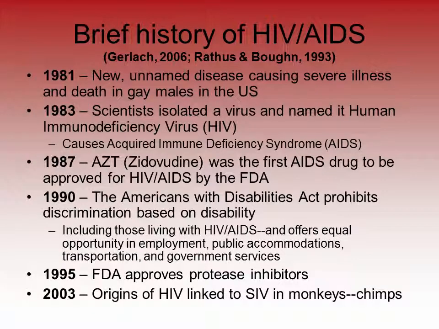So let's just backtrack a little bit. I don't know all of your ages, but if you're in your 40s like me, then when you were coming of age and learning about the opposite sex or the same sex or just sex altogether, HIV and AIDS was on the scene.